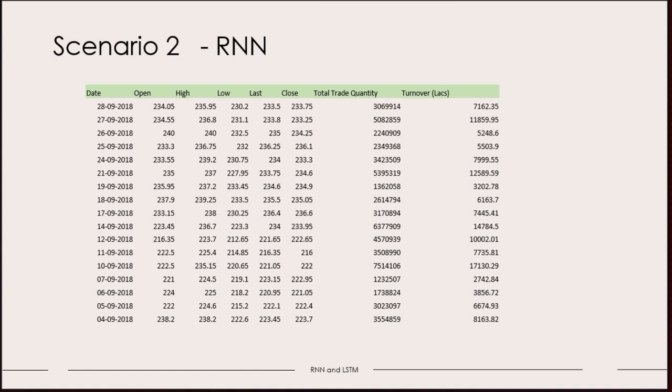From outside it looks exactly similar to scenario number one, but if we analyze this carefully, it is very different from the previous one. Let me put both data side by side so that we can compare well.